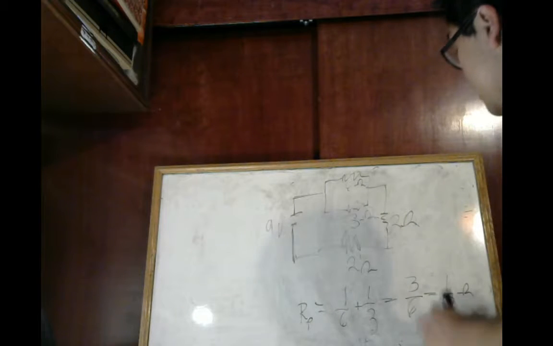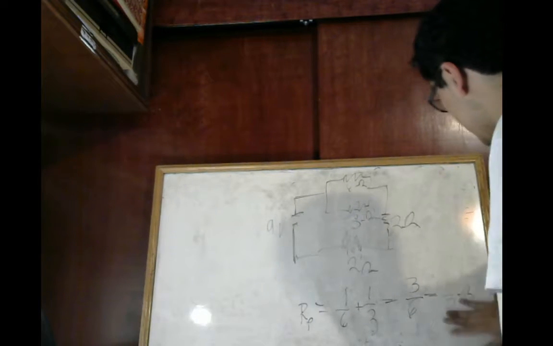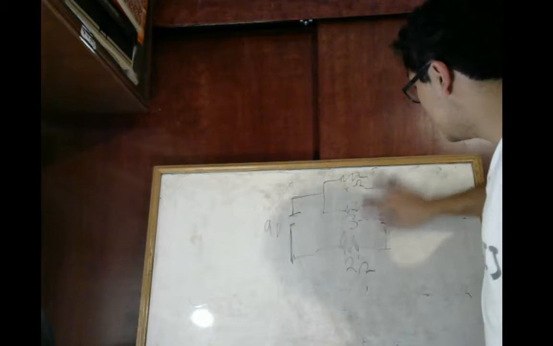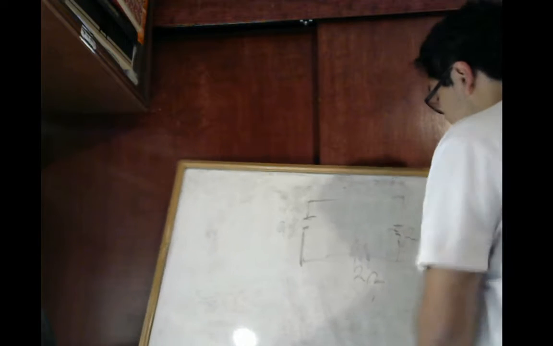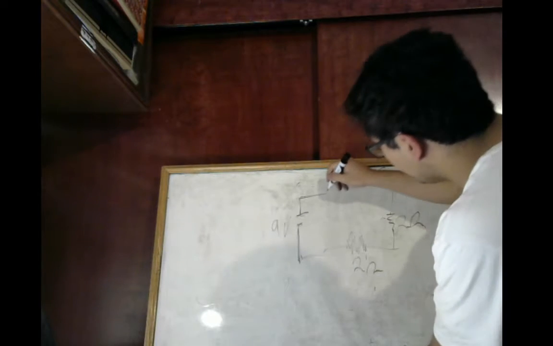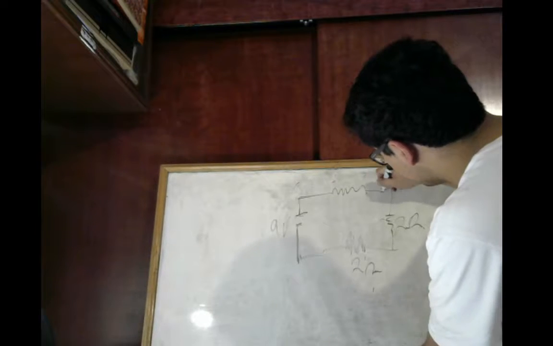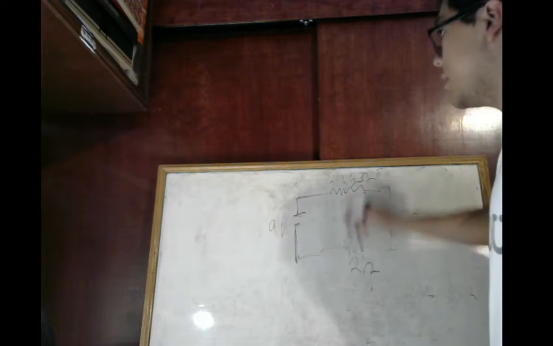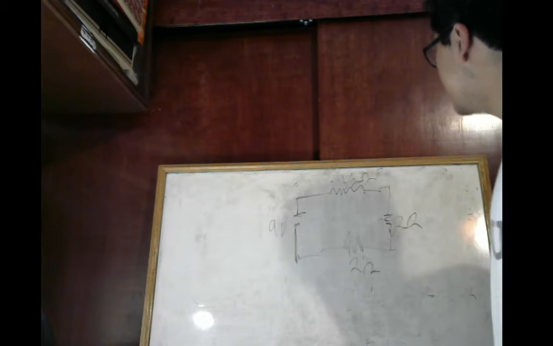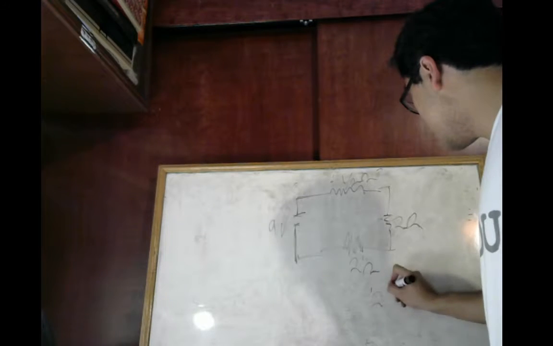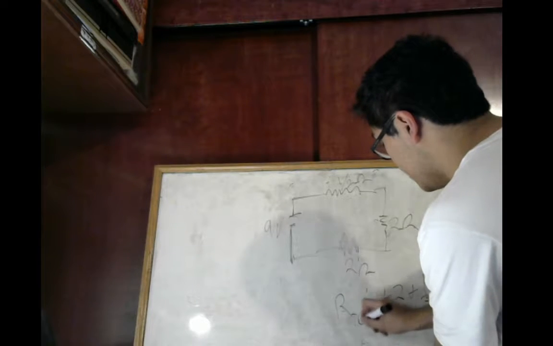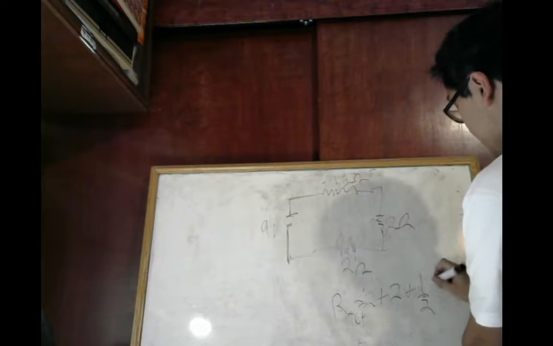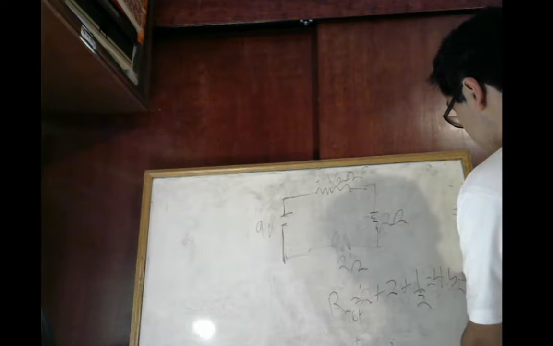Now, this part simplifies to 1.5 ohms. You say, great, now we have a simple series circuit, right? Now it's 2 plus 2 plus 2 plus 1.5. The total resistance would be 4.5 ohms, right?